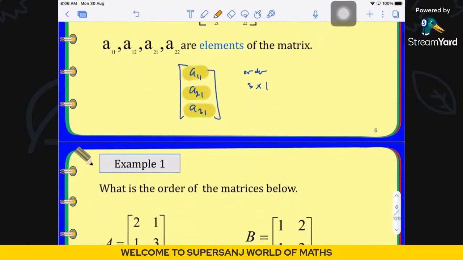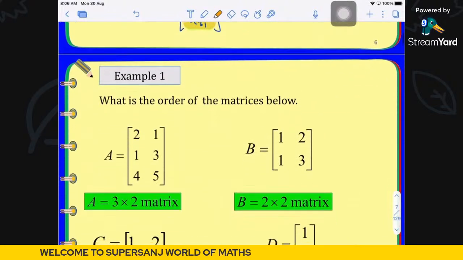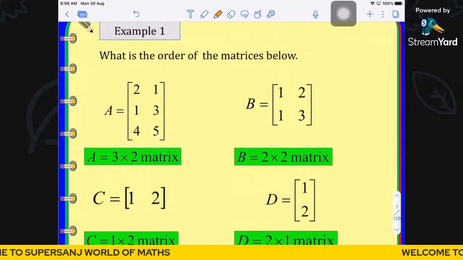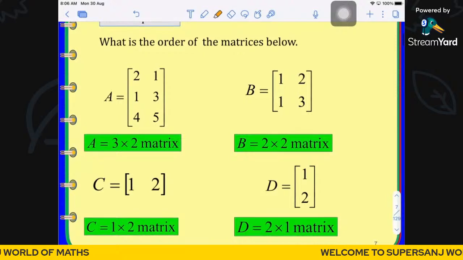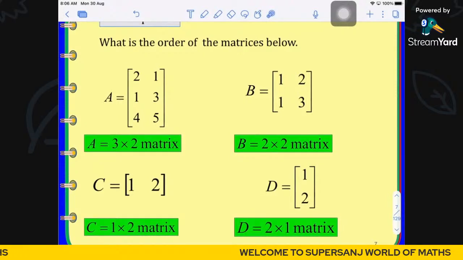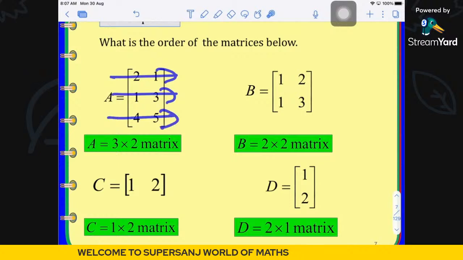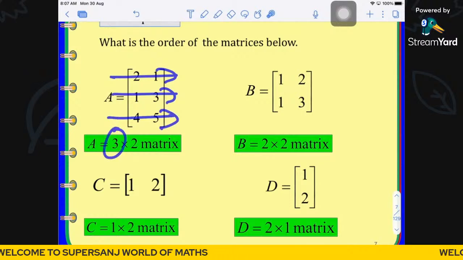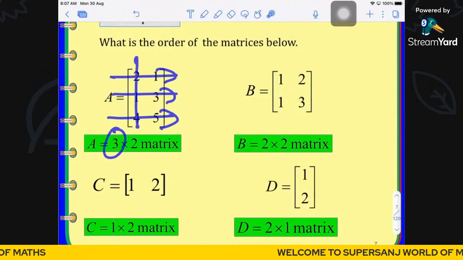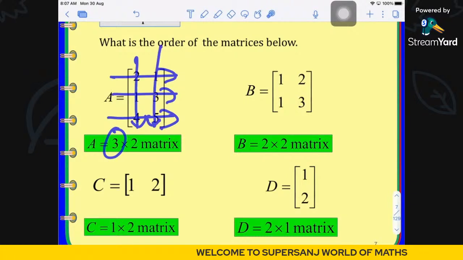So they ask you, what is the order of this matrix over here? Very easy. 1 row, 2 rows, 3 rows. So 3. And then 1, 2 columns. So 2. So if I just draw a bit extra, 1, 2, 3, this becomes 3, and 1 and 2, so this becomes 2. So we have to write R times C, row times column.